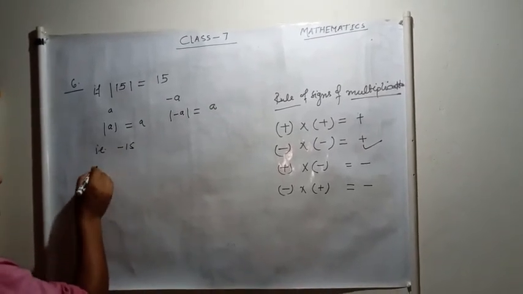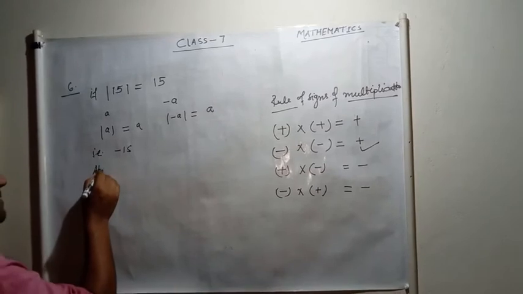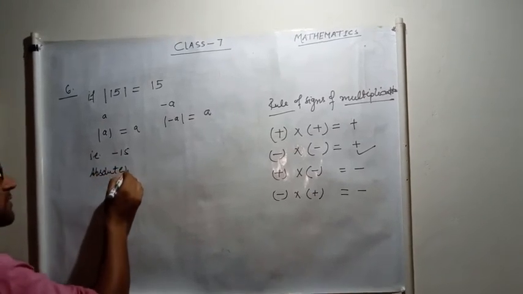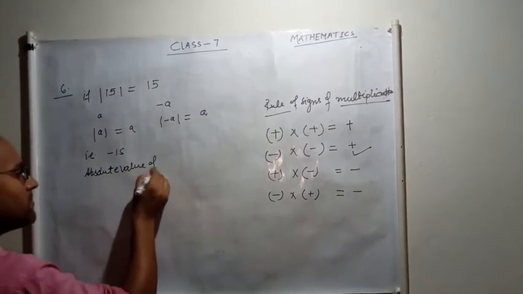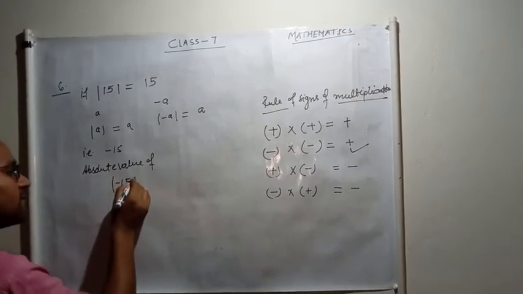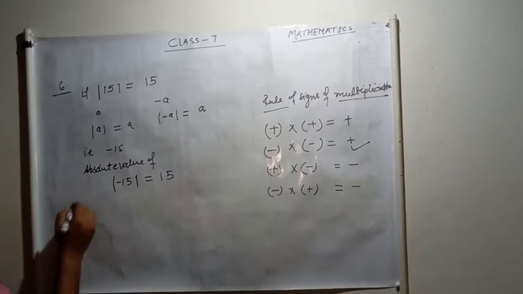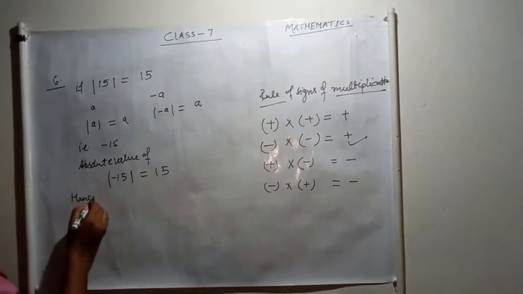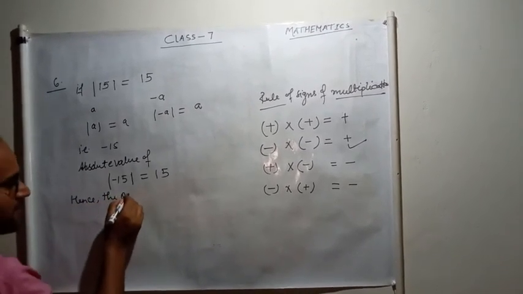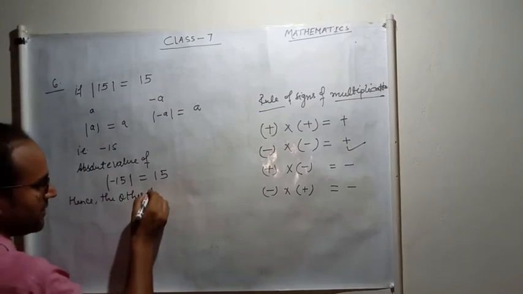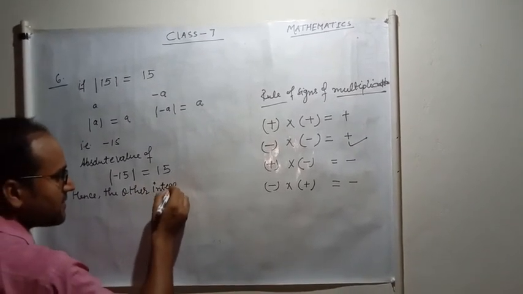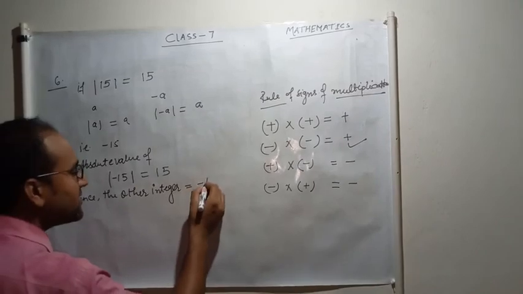So the absolute value of minus 15 is equivalent to 15. Very easy to find. Hence the other integer is equal to minus 15.